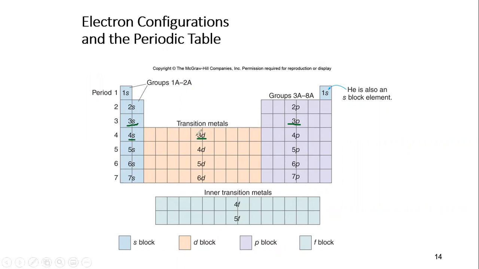then we have 3d. Notice that the energy level of the d orbital is 1 less than the row it's on. So if you see a d orbital on row 4, it's going to be the 3d orbital. It's always going to be n minus 1 for the d orbital, where n is the period or row number.